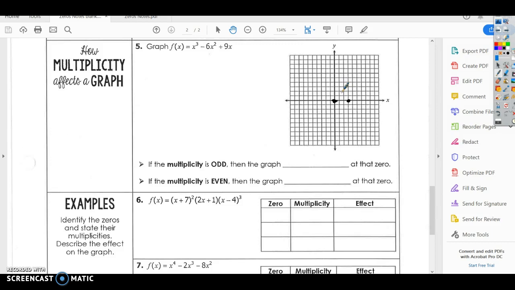If you check, you find a couple other points, you're going to see that you have a point here at 2, 2. And then it has opposite end behavior.